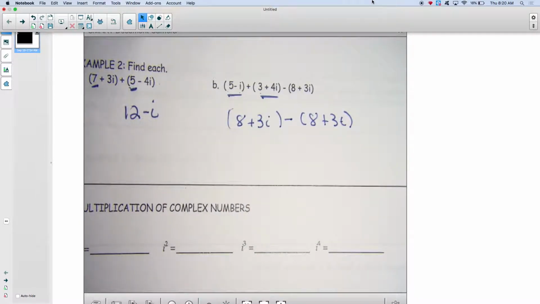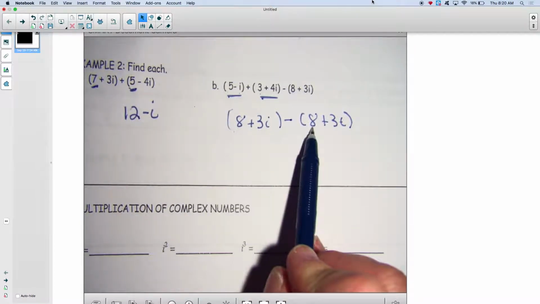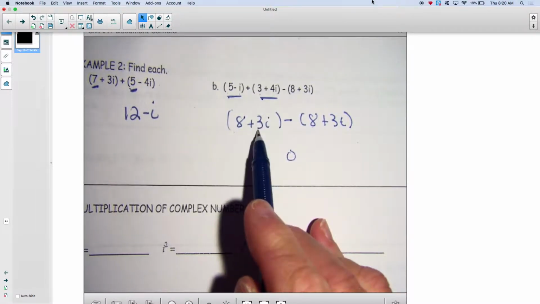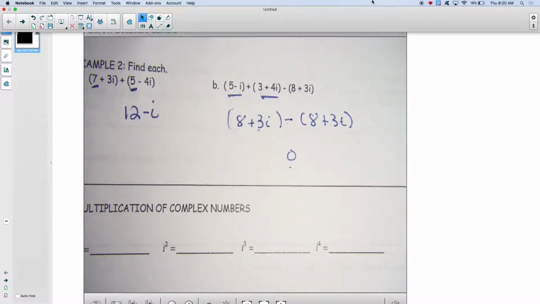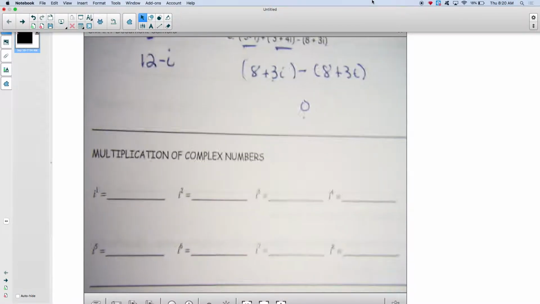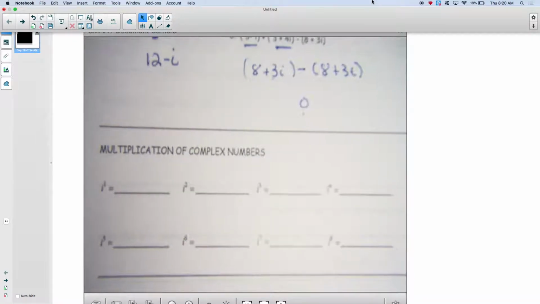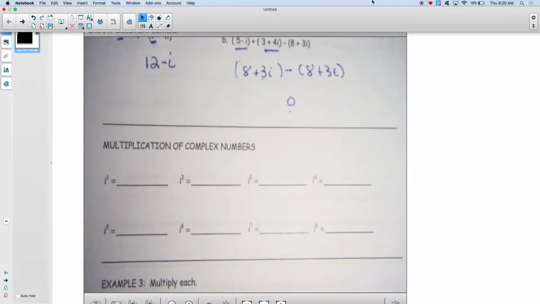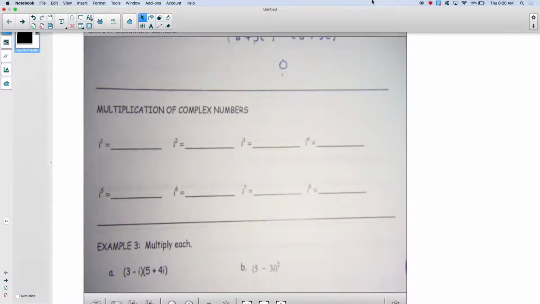It's 0. 8 minus 8, 0. 3i minus 3i, 0. Questions are adding or subtracting. I think everyone should get all of those right. You are pre-calc students. You know how to add and subtract.